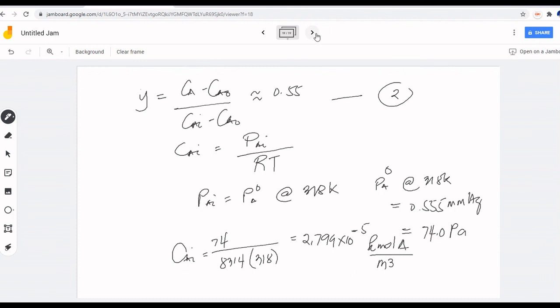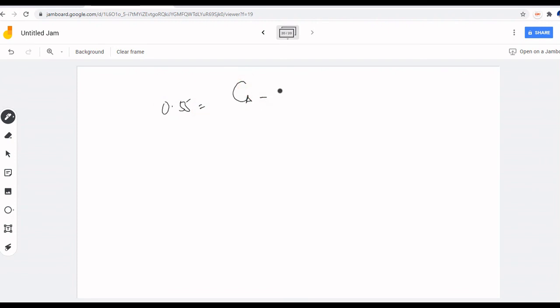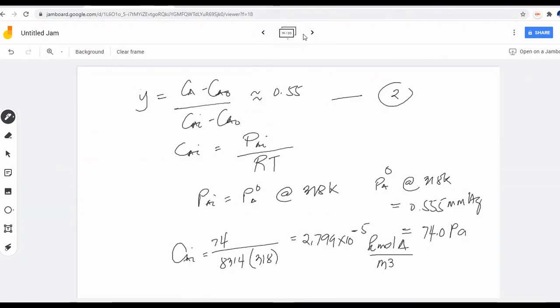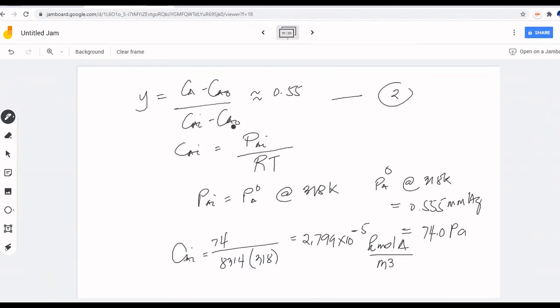Now we have already the CAI, then we can solve for the CA, the exit concentration. So you will have 0.55 being equal to CA minus the concentration at the inlet, which is 0, over our CAI, which is 2.799. You can make it as 2.8 times 10 raised to negative 5, and this is still a 0 because this is CAO here.